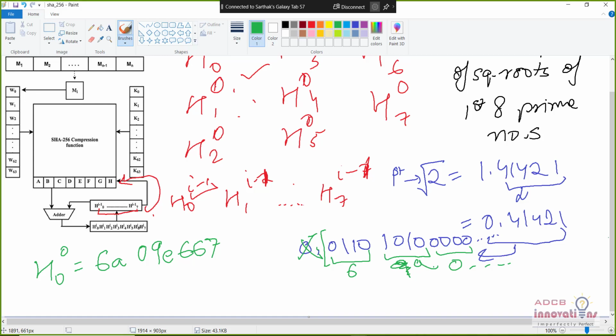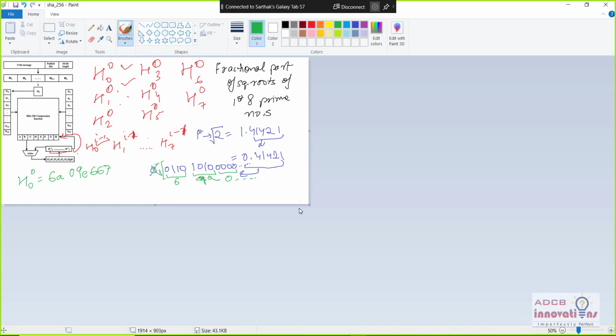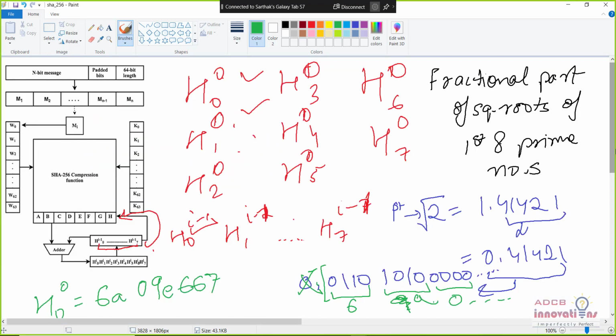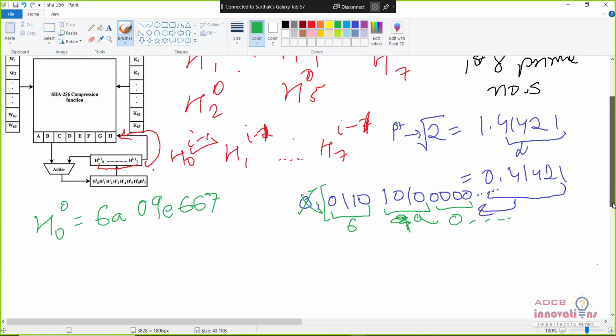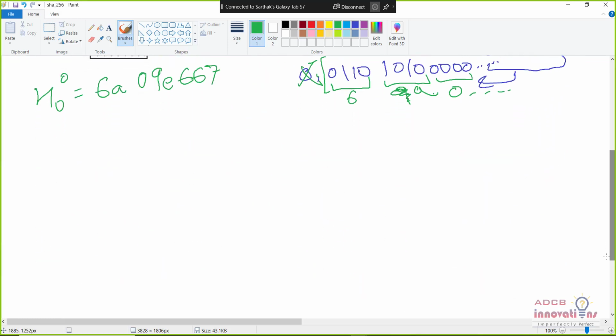Similarly, all these values are defined for H0, H1 up till H7. Let me just let you all go through that. So this is H0. When we talk about H1, this is something like this.